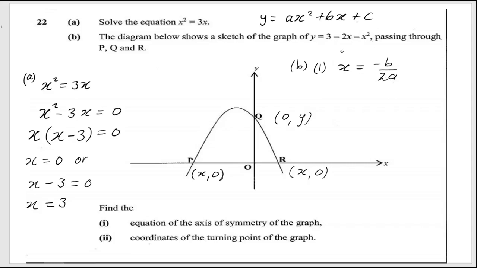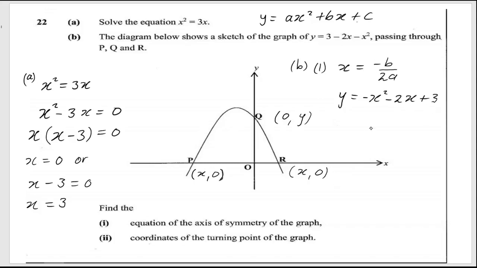So let us rearrange this equation. This equation is y is equal to, we start with negative x squared, followed by minus 2x, and then we have, this is positive, so we're going to say plus 3.